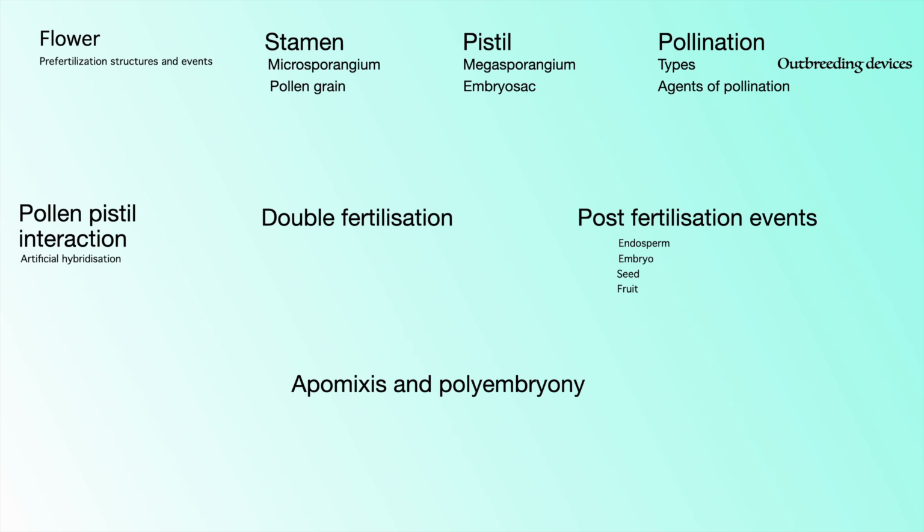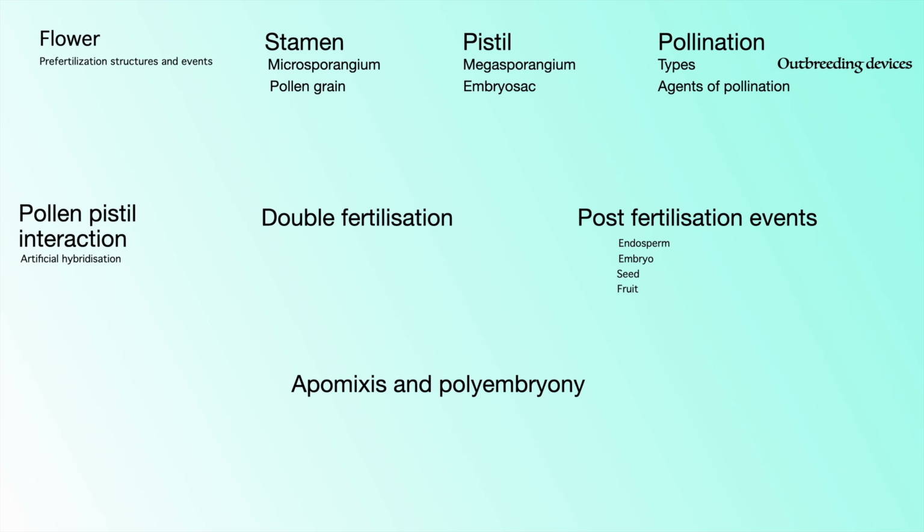The other method is seen in many citrus and mango varieties. You remember nucellar cells, no? Nucellar cells surround the embryo sac. These nucellar cells start dividing and protrude into the embryo sac and they develop into embryos.